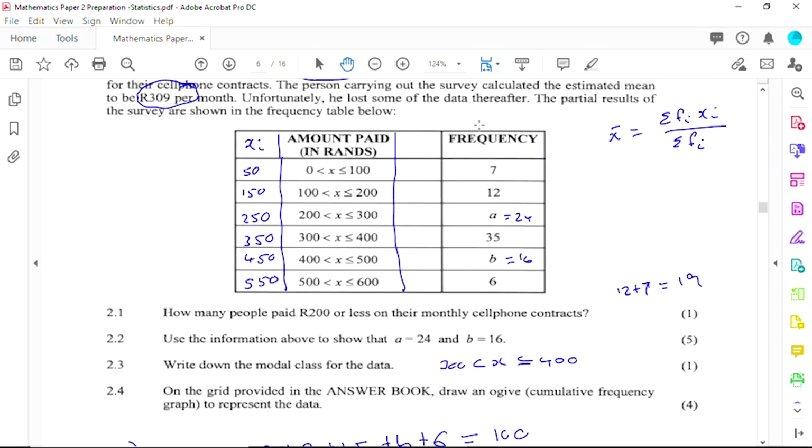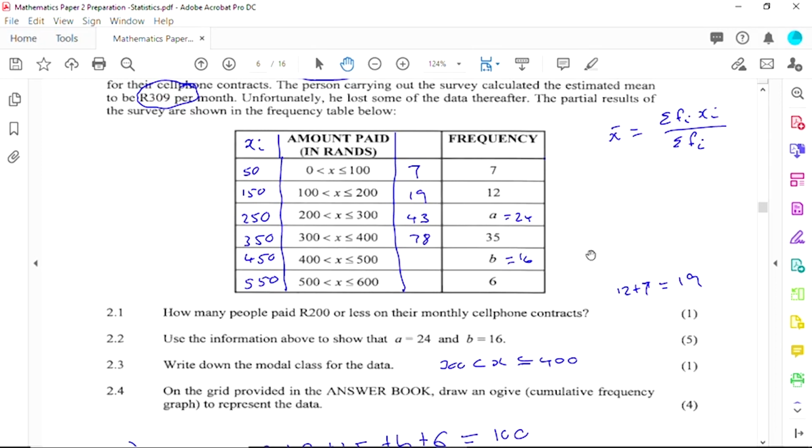We have the lowest frequency, which is 7. So we want to take 7 plus 12, which is equal to 19. We take 19, we add 24 to get 43. We take 43, we add 35 to get 78.